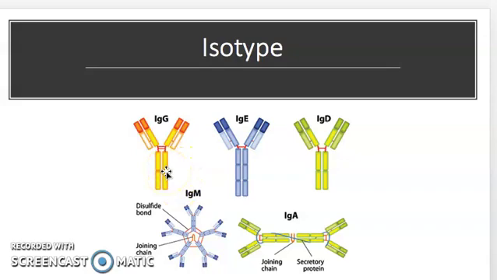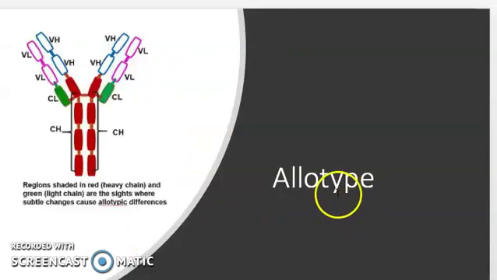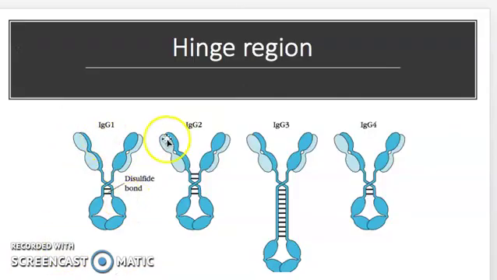And that will be the difference maker for a human's IgG or a mouse's IgG. Continuing, you have the allotypic differences like I mentioned in this slide. These are in the same class, but their Fc region is different, so it's going to be an allotypic difference in that Fc region.